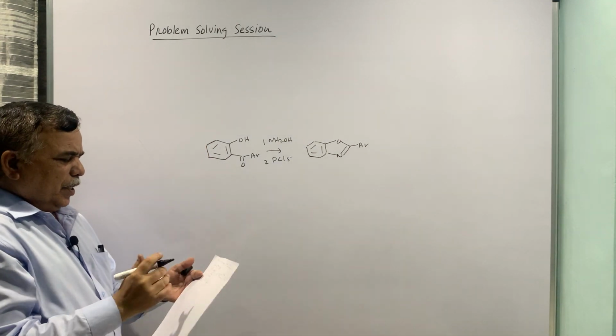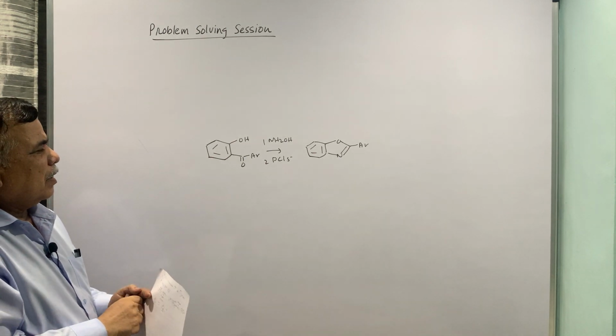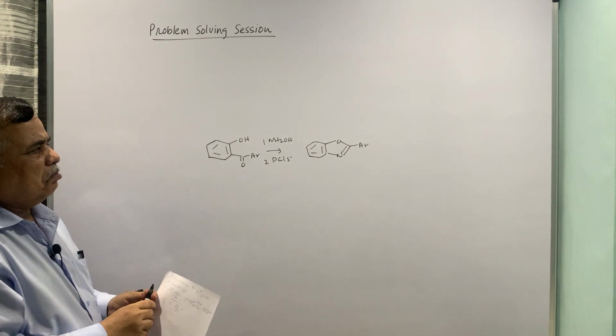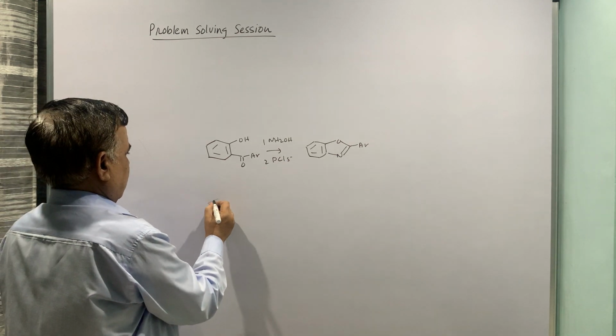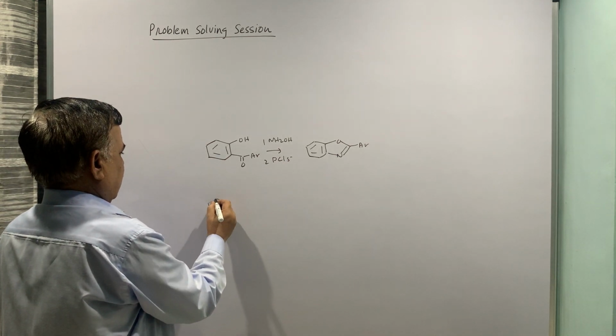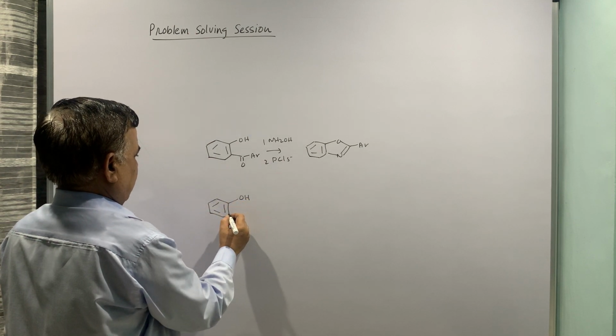Now, merely by looking at this, I do not think you will be able to tell what the reaction is. It is your classical Beckmann rearrangement, but you have to do it carefully.